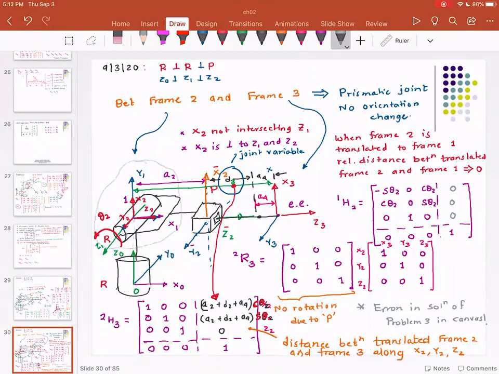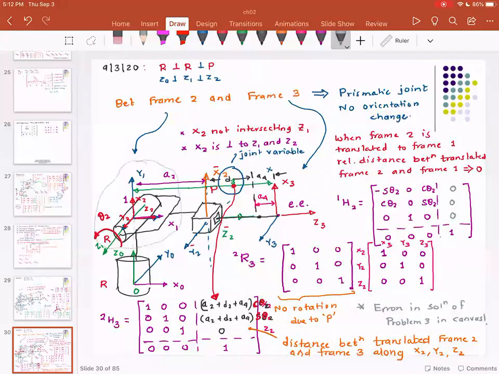1H2: why isn't the distance a2 in the x1 direction?